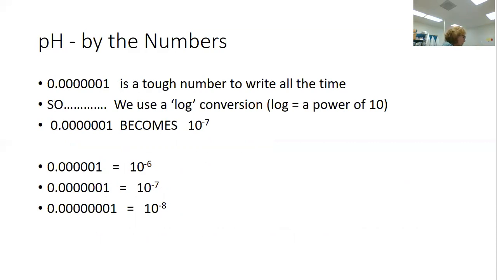So it becomes really confusing, so we just convert it to numbers. So for instance, 0.000001 is 10 to the minus 6, but that's actually a pH of 6. Because it's below the decimal point, that's why the log is negative. Does that make sense? So you all know what 10 squared is, right? That's 100.